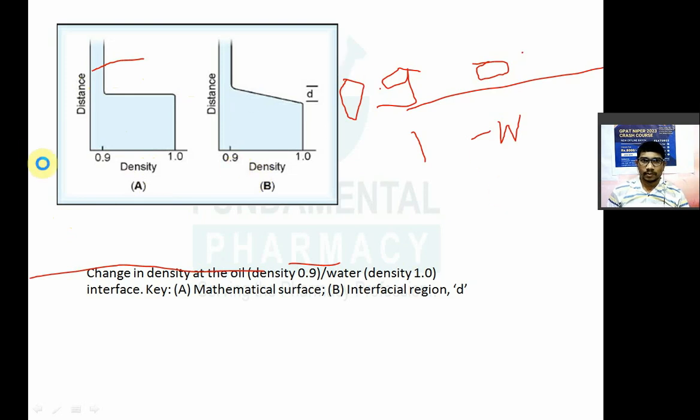So mathematically, there is a difference in the density of oil and water.